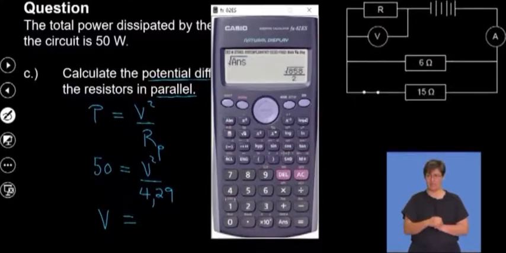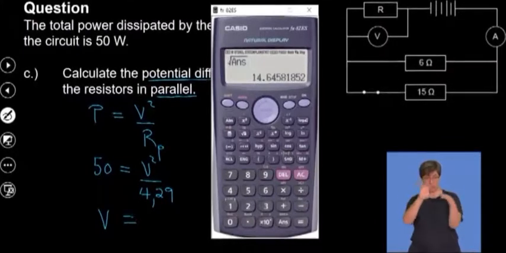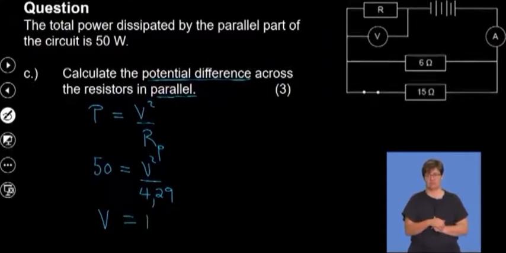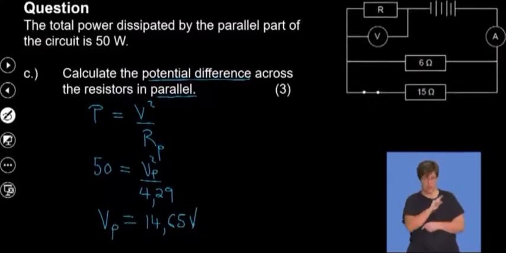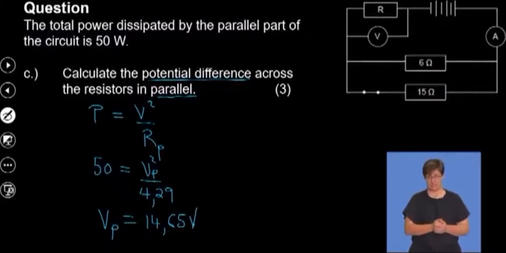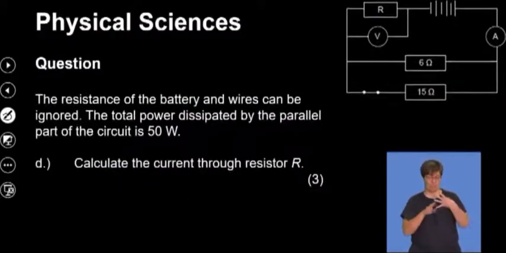So our voltage across the parallel combination of resistors is 14.65 volts. We can think of this as V parallel, because that's what the question wants from us. Now, in the next question, they want us to determine the current passing through resistor R.